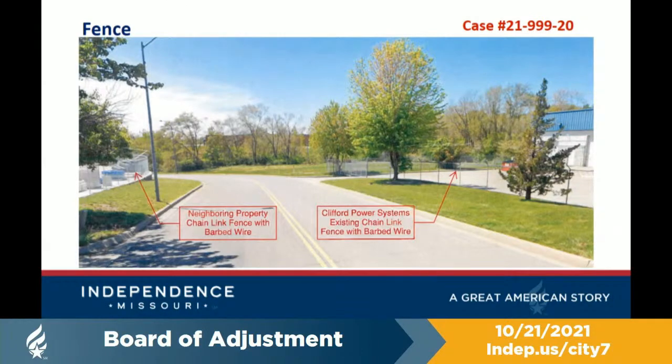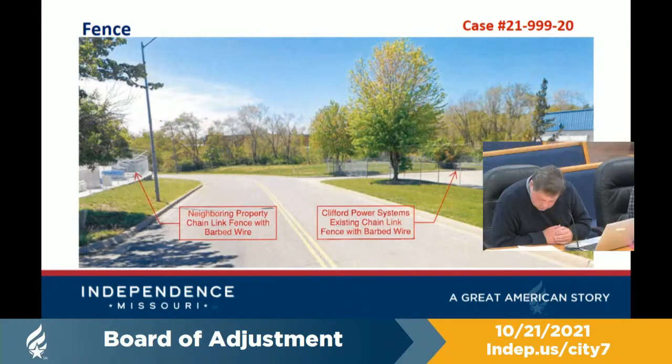Number 5, screening must be opaque and a minimum of 6 feet in height, and may be in the form of walls, fences, berms, or a combination with a 100% opaque landscape screen. The applicant will need to argue that, but I think they're going to argue something along the lines of security reasons.